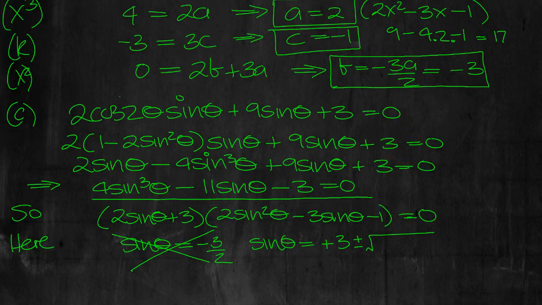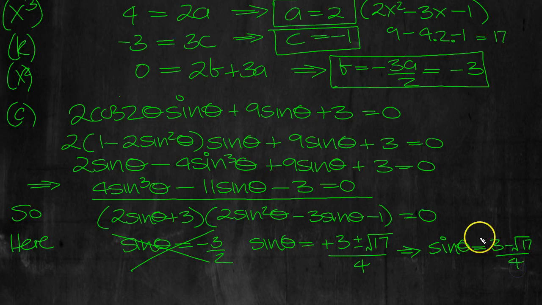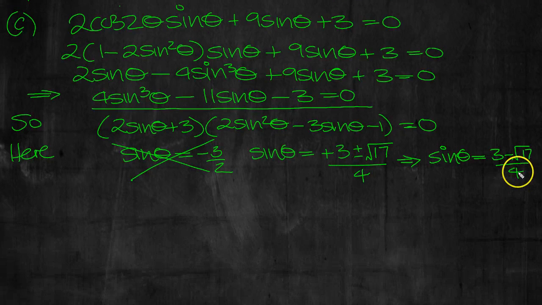So let's just put that in, over 2a, which is 2 2s are 4. So what have we got here? Sine theta is equal to, now the plus value will be bigger than 4 on top, so that won't be in the range of sine theta, will it? Because sine varies from at most minus 1 to 1. So the only solution that can arise is 3 minus root 17 over 4, which is negative, isn't it?